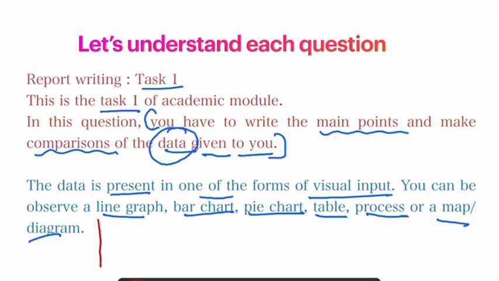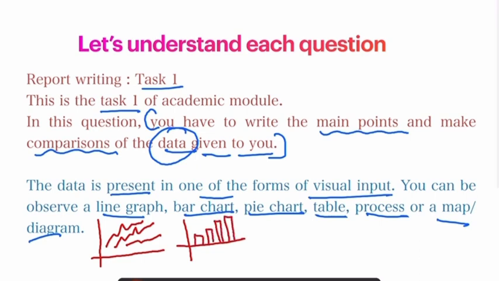In the case of a line graph, you are going to have a vertical axis and a horizontal axis, and the curves are shown with the help of lines. These curves are going to tell you the trend which is being followed in the sections. In the case of a bar chart, you are going to have bars which depict a particular trend of increasing or decreasing.